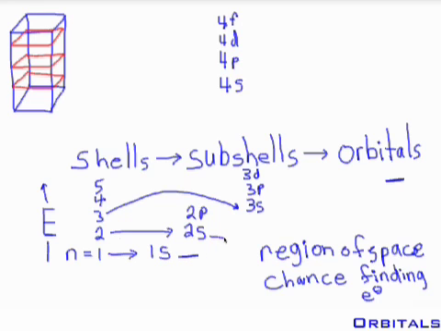So every S can have one orbital. And you'll notice a pattern developing as we proceed. The P, the next subshell, can be divided into three orbitals. So here's my P. The D can be subdivided into 5 orbitals.